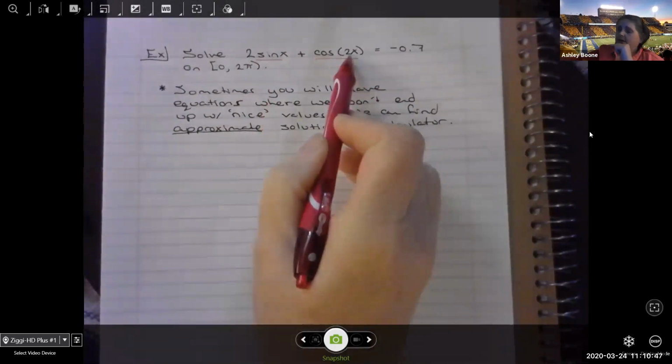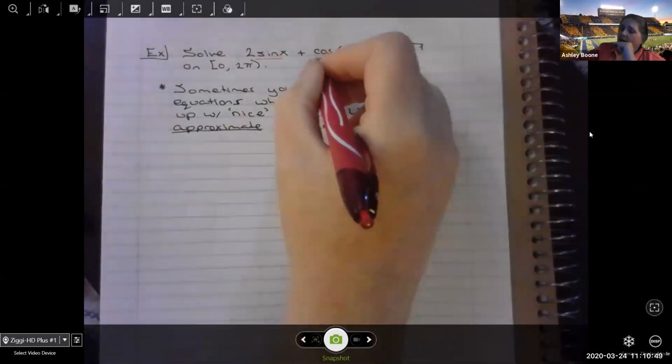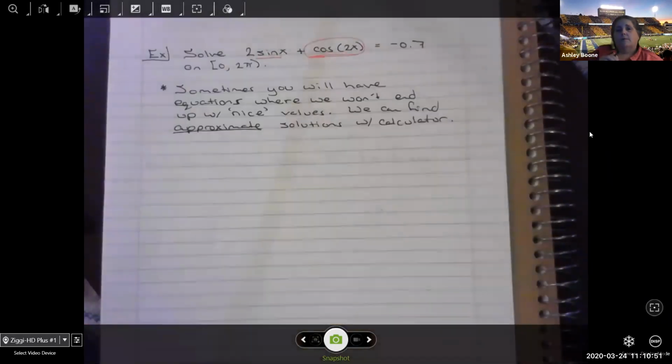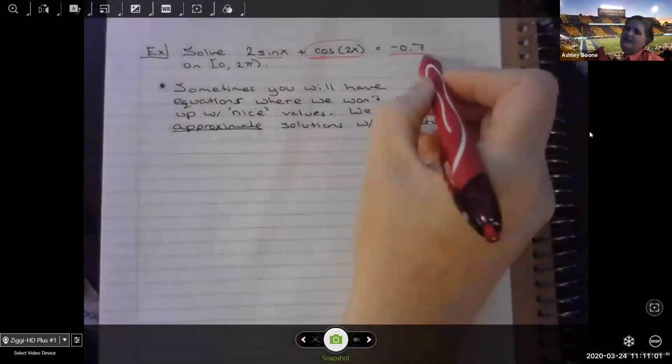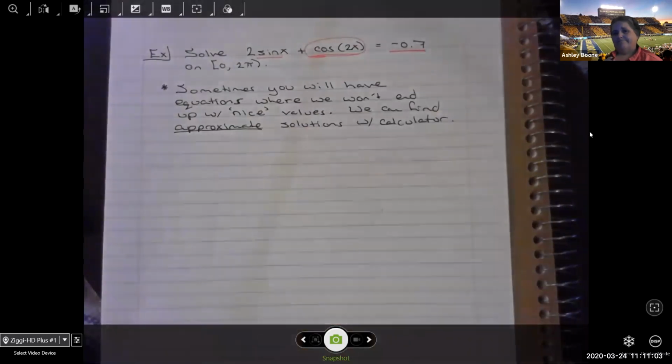Now we could use our double angle formula for cosine and get it in the form of sine so that just sine is involved. That would be fine. But another issue with this one is negative 0.7, the decimal. Does it even feel possible that we're going to end up with one of our nice values?